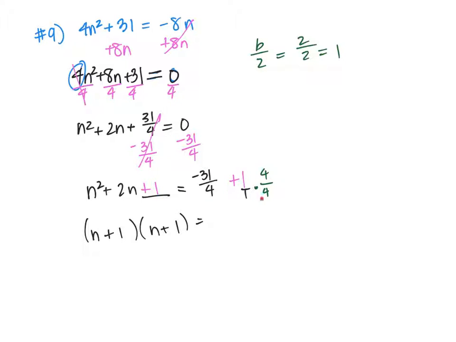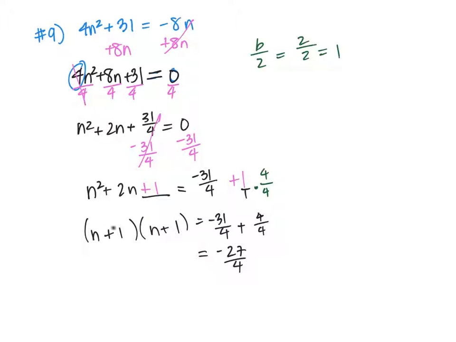So I'm going to bring this guy down the way it is, still negative 31 over 4, and then this part here, 1 times 4 is 4, and the bottom 1 times 4 is 4. And so now the denominators are the same, so you can add the top. So negative 31 added with 4 is negative 27 over 4. See, that wasn't too hard.